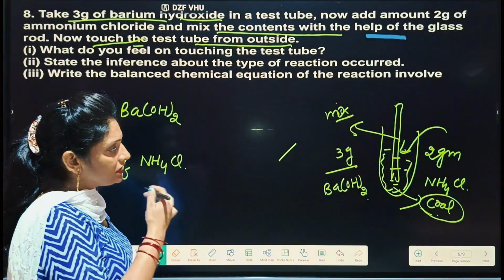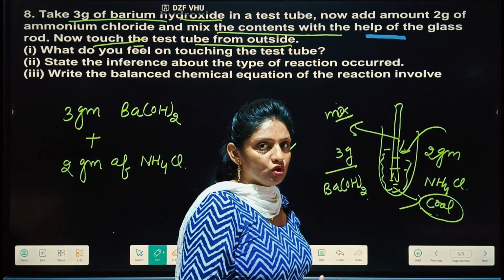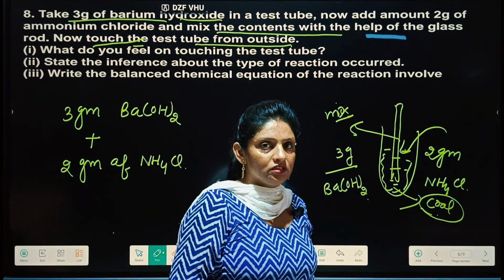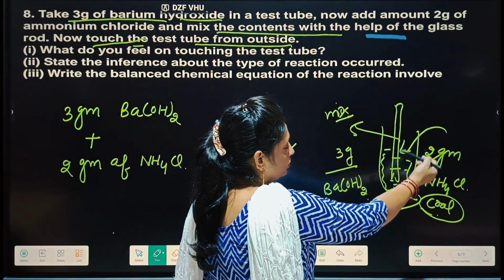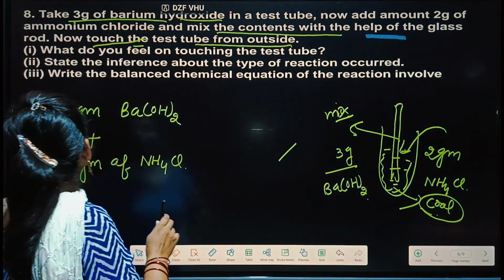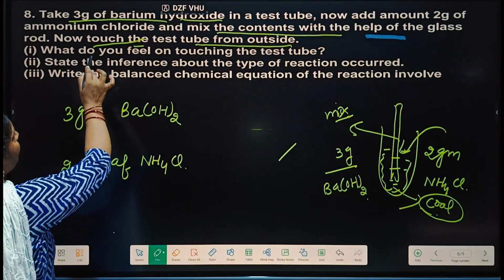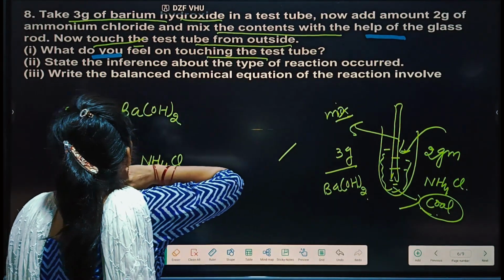It will absorb the surrounding heat, so the test tube becomes cool. So we will feel the test tube is cool.